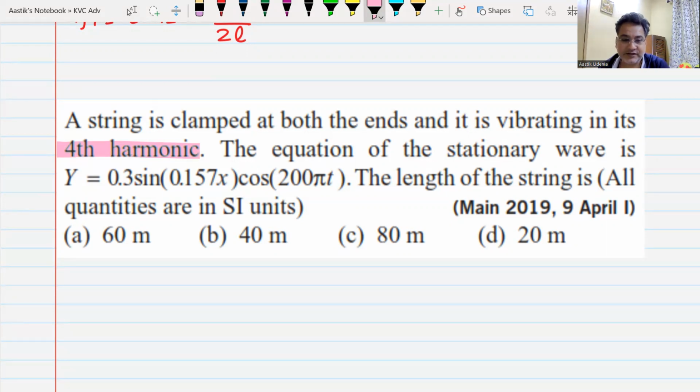How will you find out the length of the string? What will be lambda equal to for the fourth harmonic?